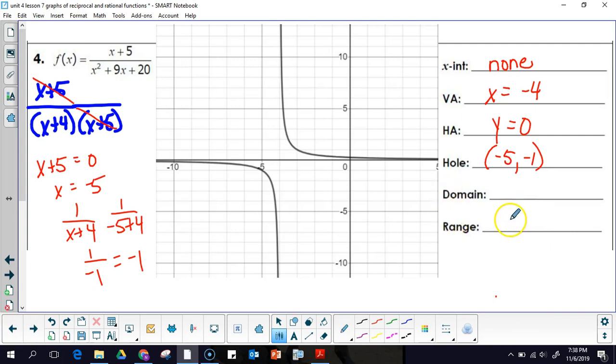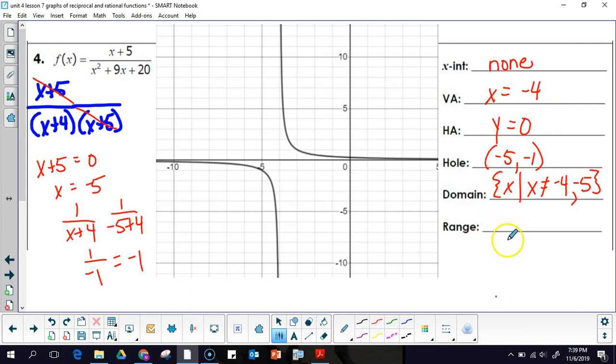Domain. All right, so the domain is all real numbers x such that x cannot equal -4. It can also, and we'll just put a comma, it can also not equal -5. So you got to put the vertical asymptote in and the x value for this hole.